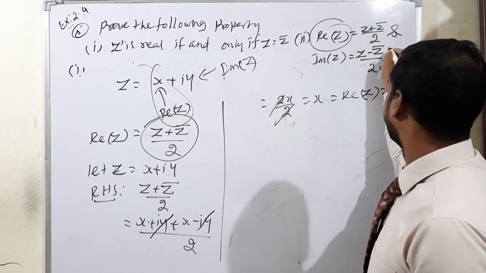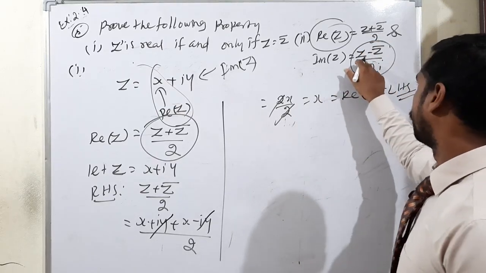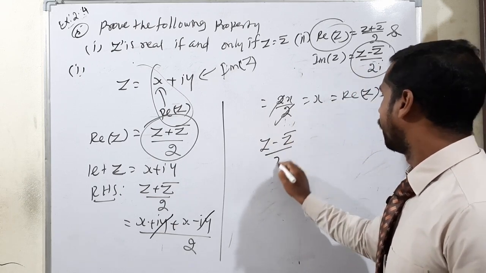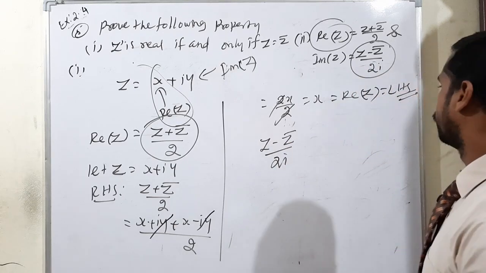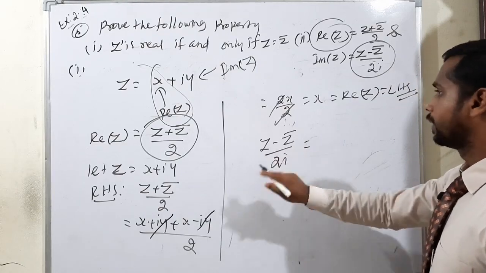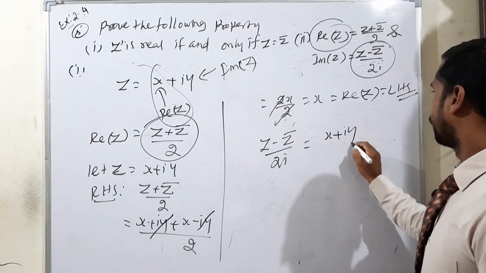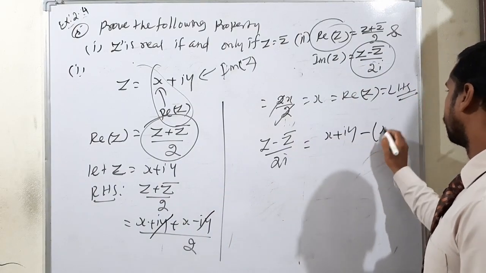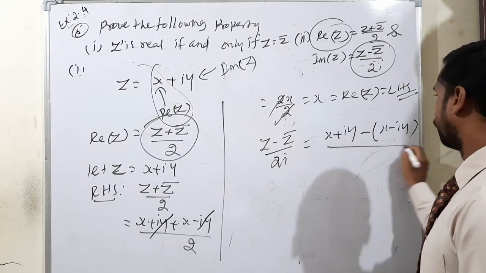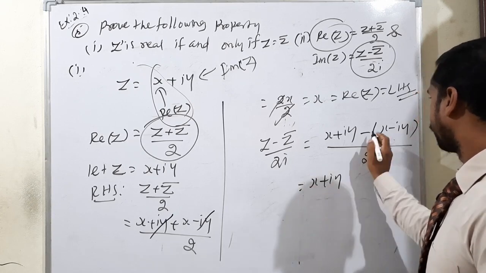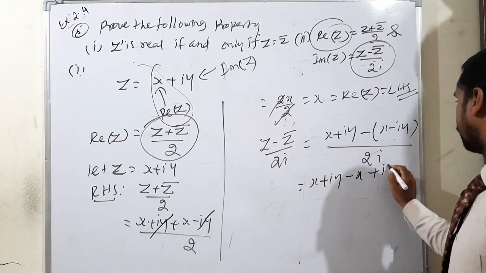What is the part actually? Here also I am first considering the RHS. The RHS part is z minus z bar by 2i, isn't it? So z minus z bar: z is x plus iy, and z bar is x minus iy, divided by 2i. Removing the bracket, x plus iy minus x plus iy.